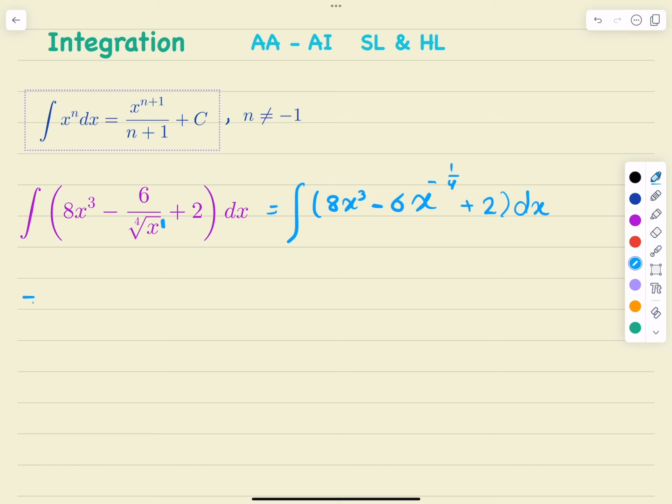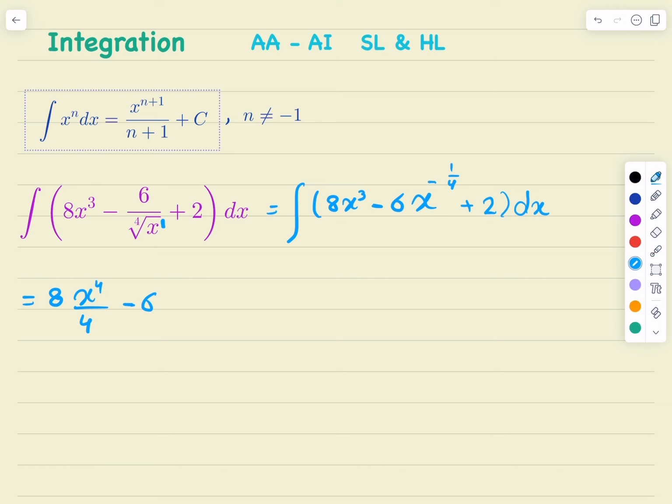So now when we integrate, we will keep 8 as it is. So we have 8, and now when we integrate x cubed, it will be x to the power of 4 over 4. Minus, now here when we integrate x to the power of negative 1 over 4, we will add up 1 to this power.